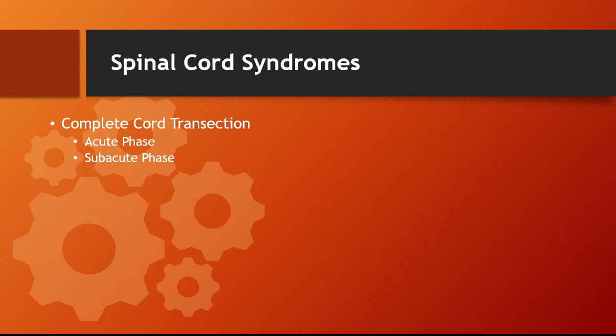Now, when we're looking at this, if we have an injury below the cervical spine area, what type of symptoms would you expect to see with these types of patients? This is your part. Numbness of the extremities. What else?